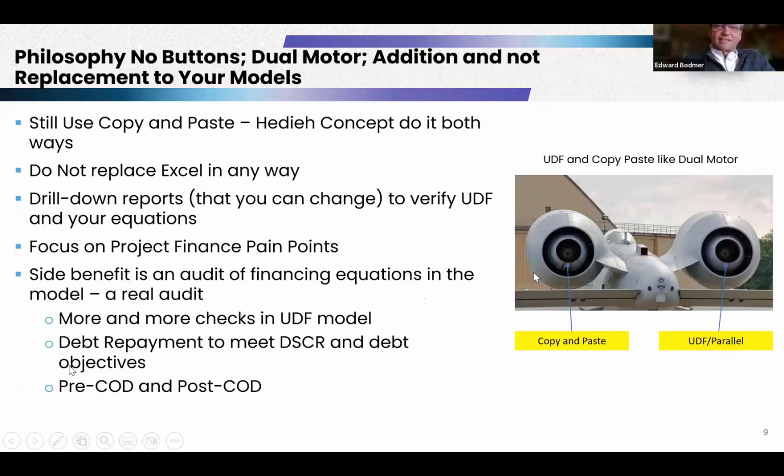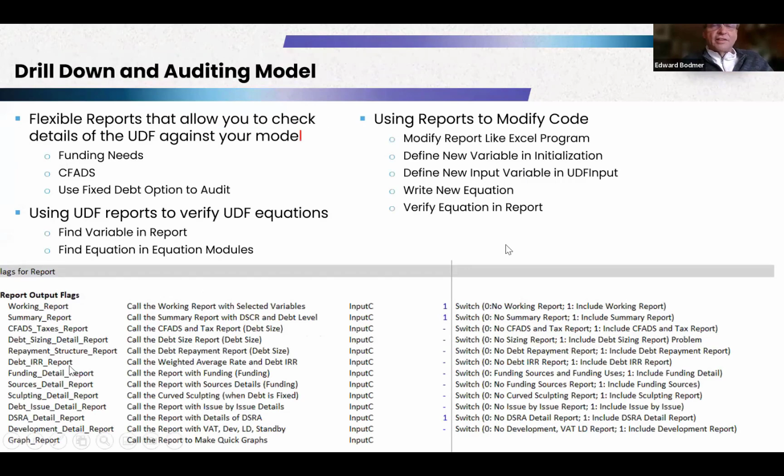I've got two engines, one copy paste, one UDF. They should be equal. It's like you've got two ways to run the model and test it, and two ways are a lot better than one. So we made all these little reports you can use, but they're optional reports. And I'll show you a little bit of this now in practice.